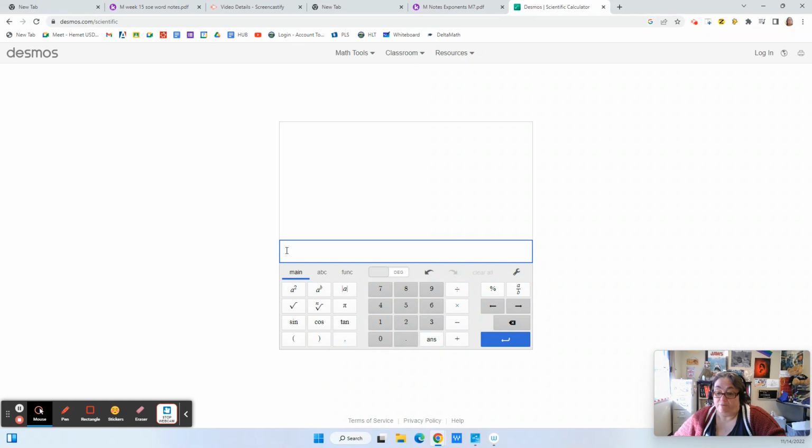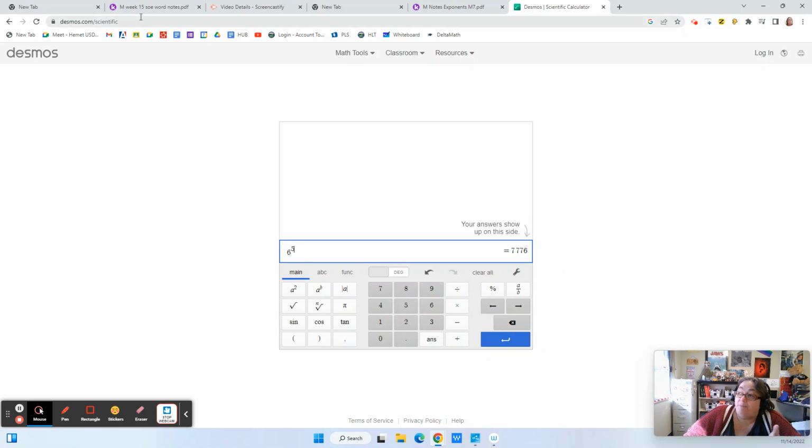Like I could go 6 squared, but we don't want 6 squared. We want 6 to the 5th power. So we're going to hit a to the b power, and then we're just going to put in 5. And it's going to give us that value, 7,776.